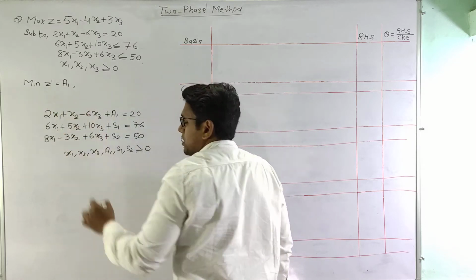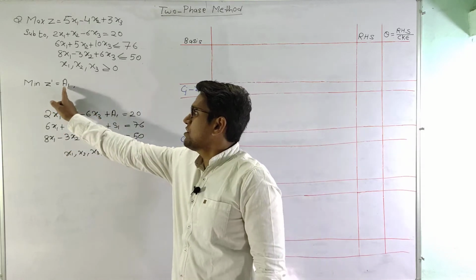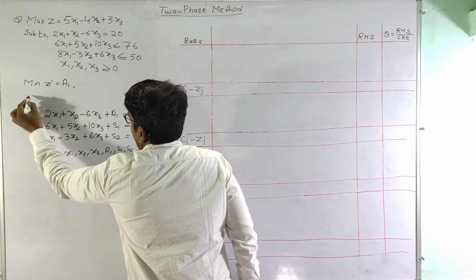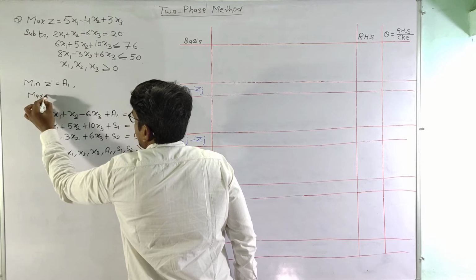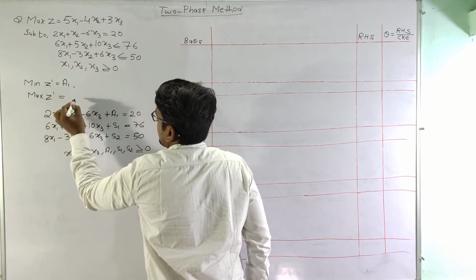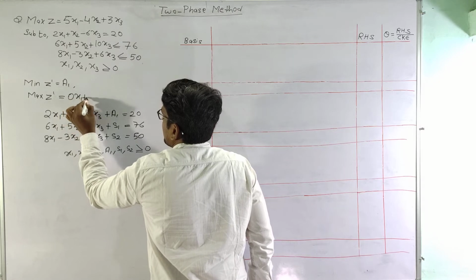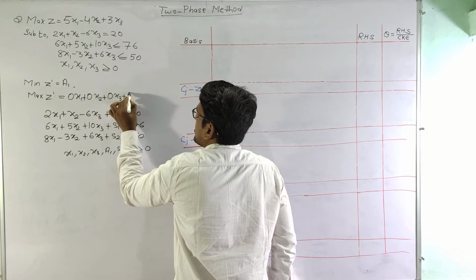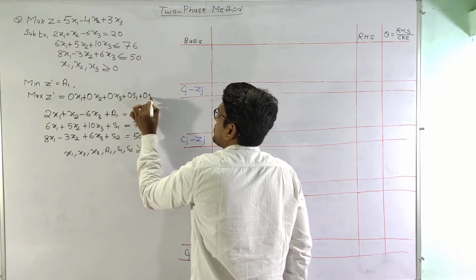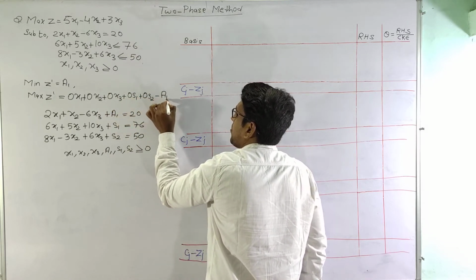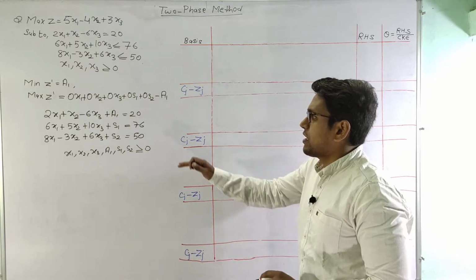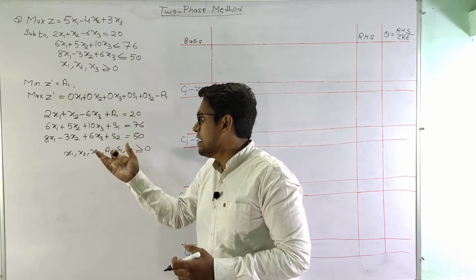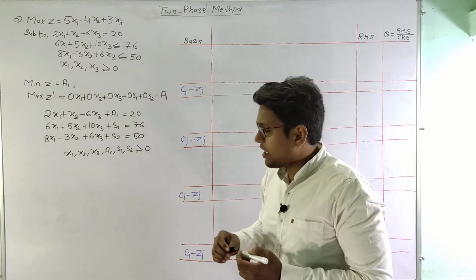To solve the problem, we convert this minimization objective function into maximization and write it as maximize z dash equals 0x1 plus 0x2 plus 0x3 plus 0s1 plus 0s2 minus a1. So this is our new, artificial objective function. These are the constraints, so let us start solving.